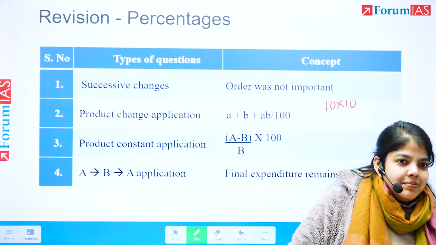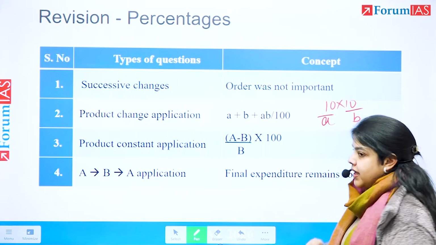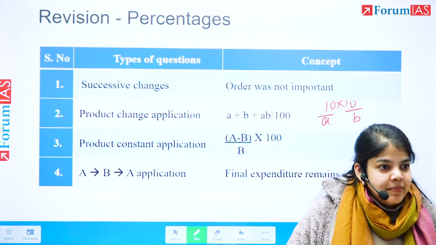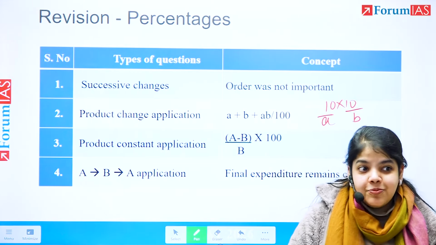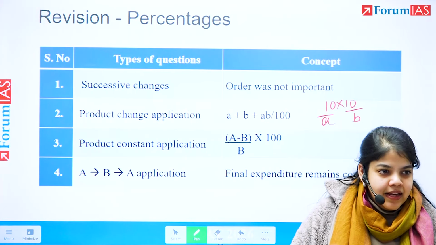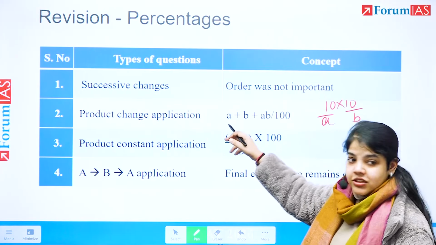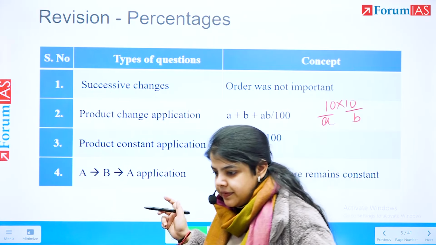So one number is changing by A and the other number is changing by B. लेकिन हमें ऐसा कुछ करना है that the product remains constant. So by how much does it change? A plus B plus AB by 100, so that the product does not change. Okay? A plus B plus AB by 100.